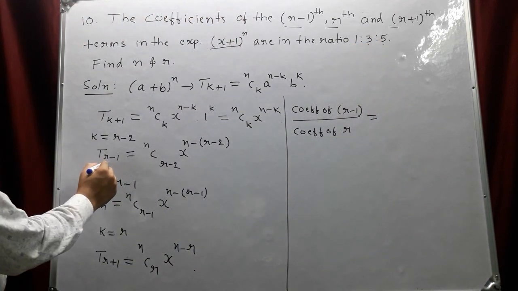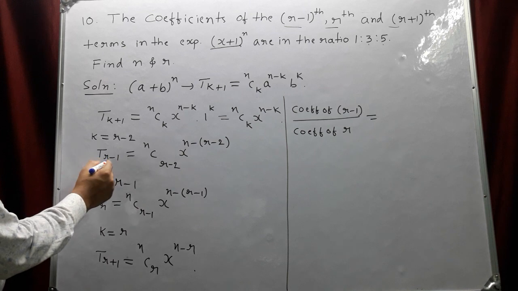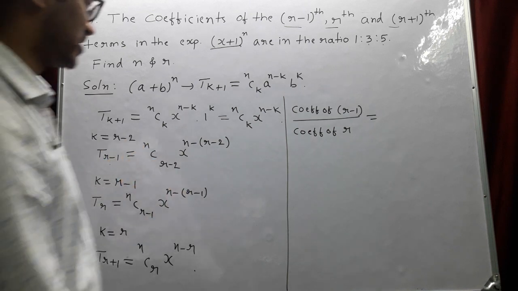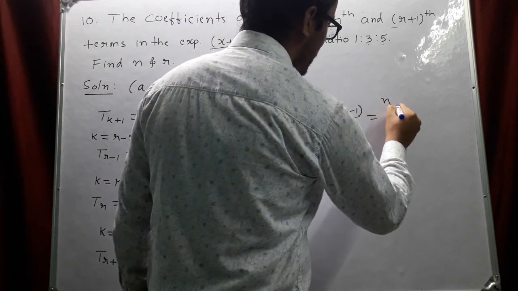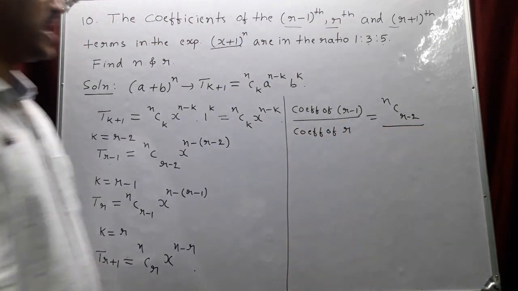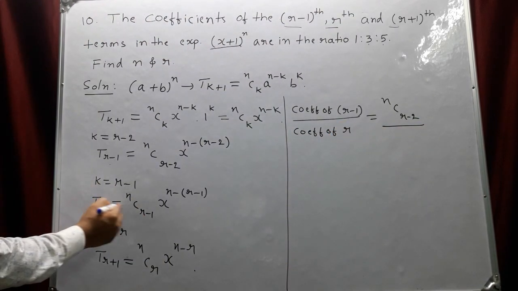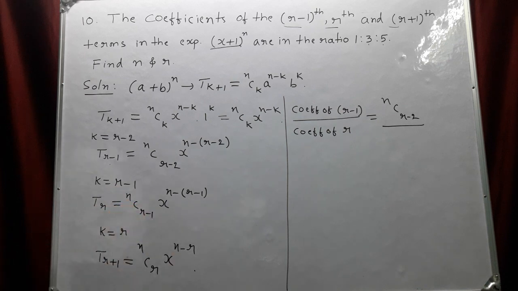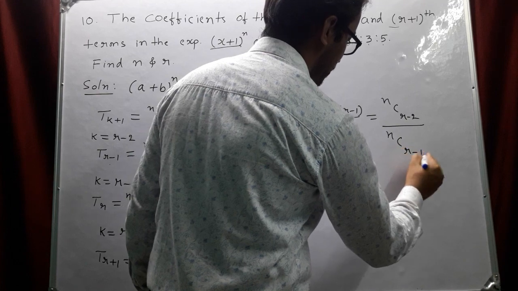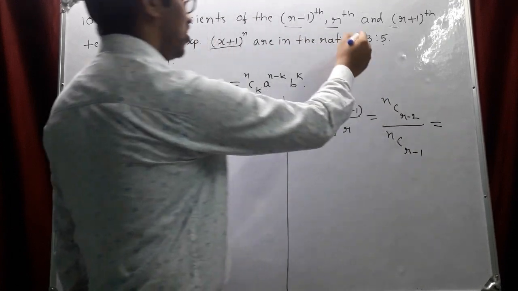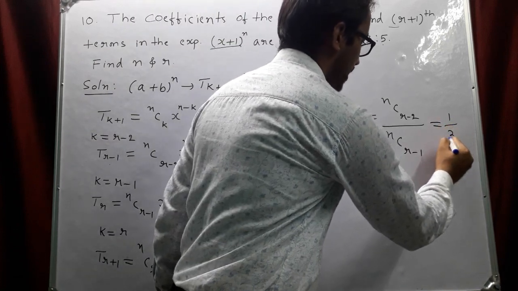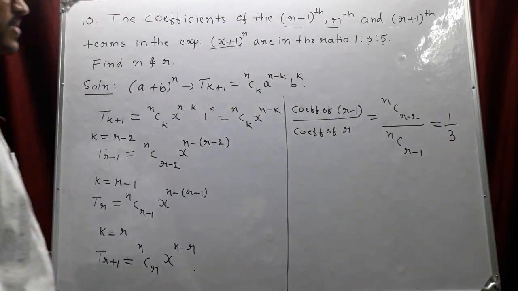The coefficient of the (r−1)th term is nC(r−2), and the coefficient of the rth term is nC(r−1). So that is equal to 1 by 3.